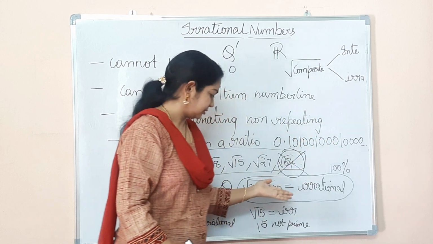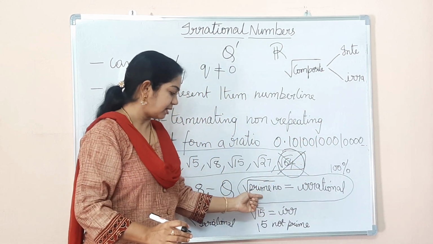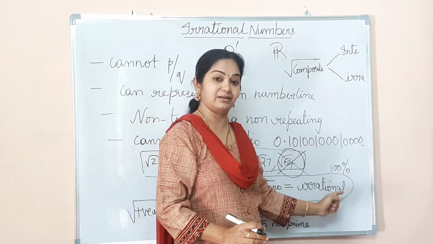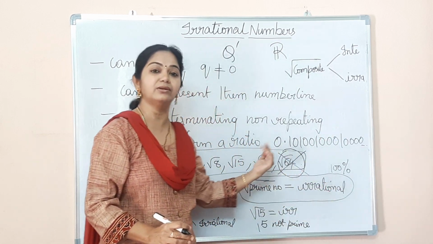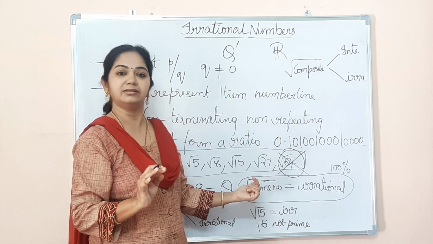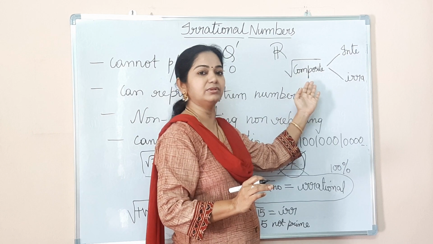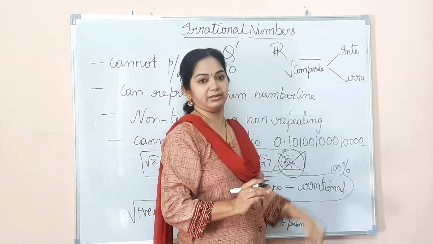So, clearly understand, children, the square root of a prime number is irrational. That is 100% true. But all irrational numbers need not be prime numbers under root. So, we can generalize that a composite number under root can be an integer or irrational.